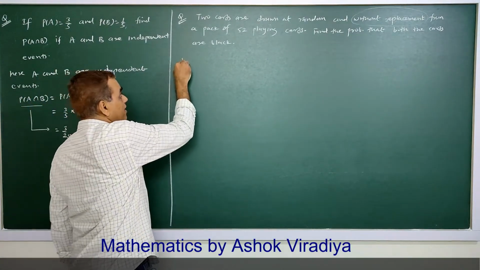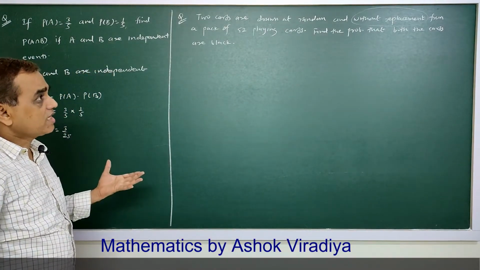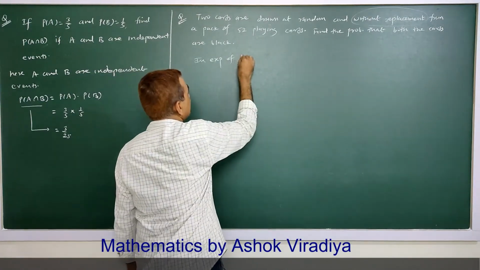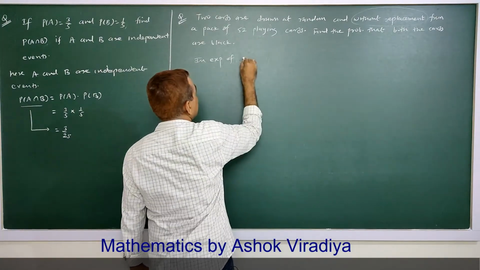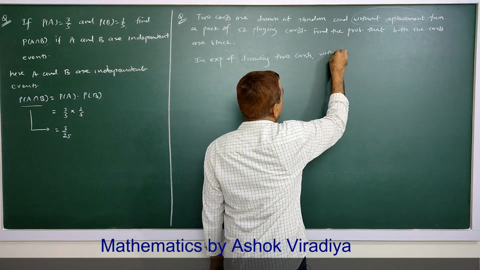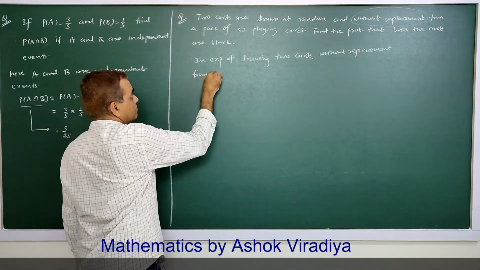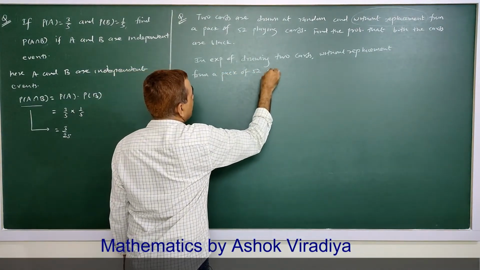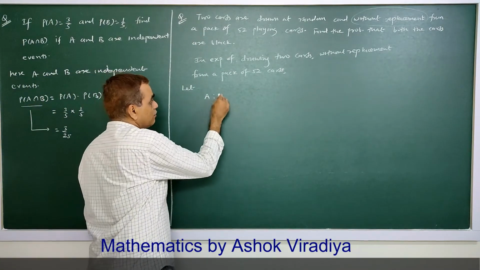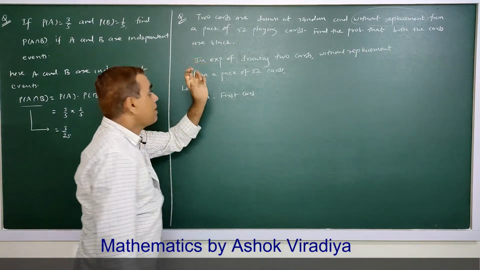So here we suppose, let in this experiment of selecting or drawing two cards without replacement from a pack of 52 cards, we suppose A is the event that first card, see question, find probability that both the cards are black.